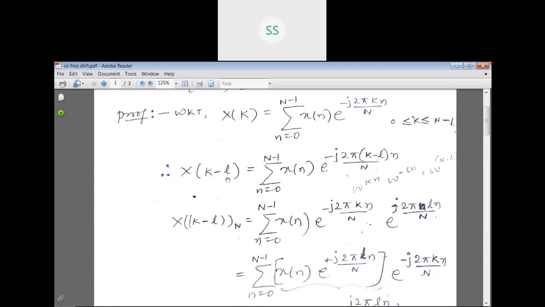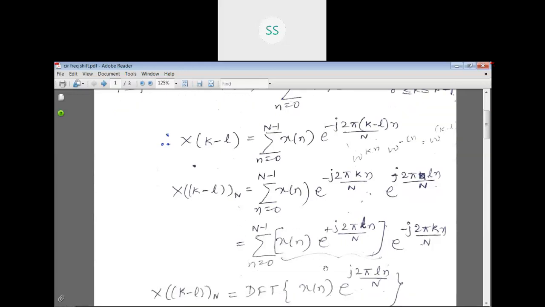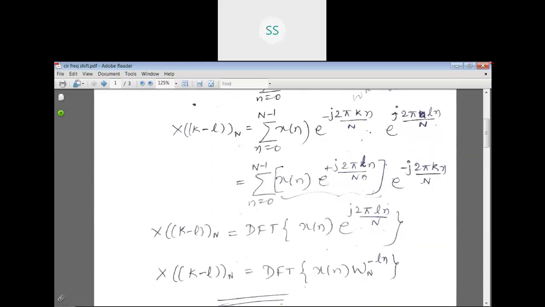It cannot be linear. That's why k minus l is changed to k minus l modulo N. So as I have written the DFT of x of n e power j 2 pi ln by N on the RHS, on the LHS I will write it as X of (k minus l) modulo N.